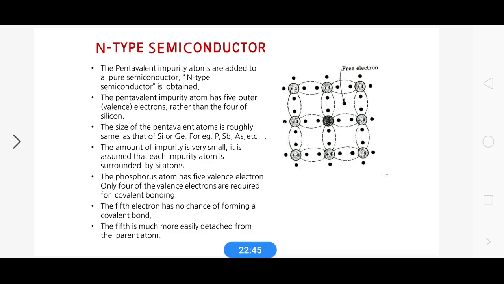So this 5th electron is easily detached from the parent atom.